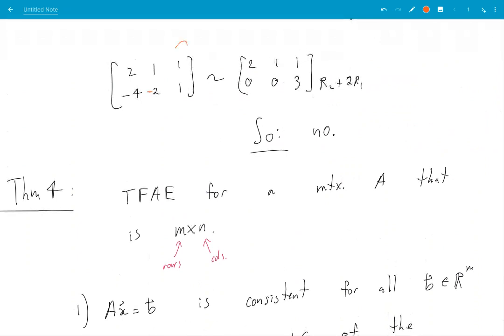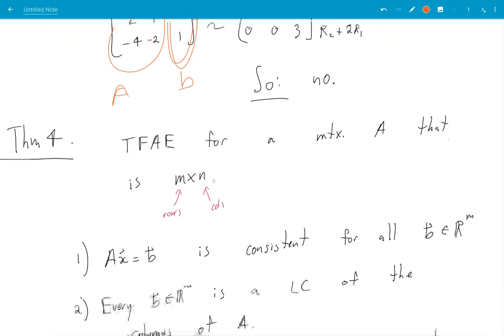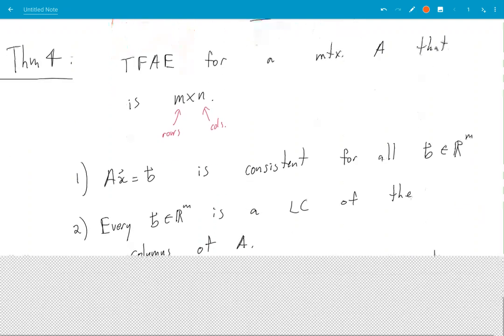Well, look here. That's my vector B. And you can see that the number of entries in B has to be the same as the number of rows in the matrix A. So that tells me this must be the M and not the N.